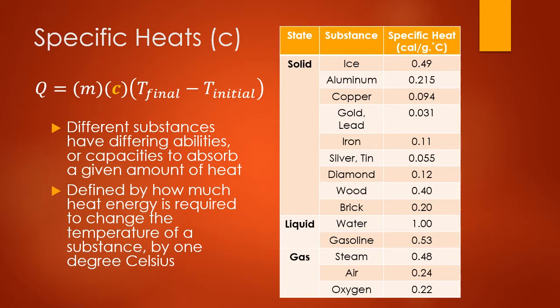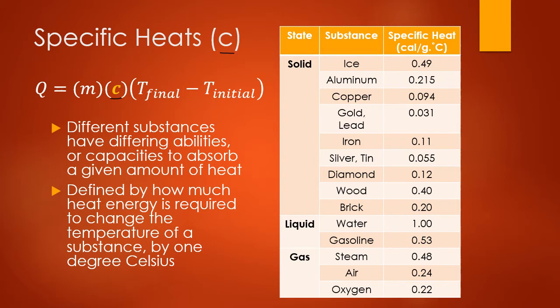So here's that table of specific heats I was alluding to in the previous slide. When I say specific heats, I'm talking about that C in the equation that I have highlighted in yellow here. So different substances have different abilities or capacities to absorb a given amount of heat. So looking at this table, for instance, think of stepping outside on a hot day.